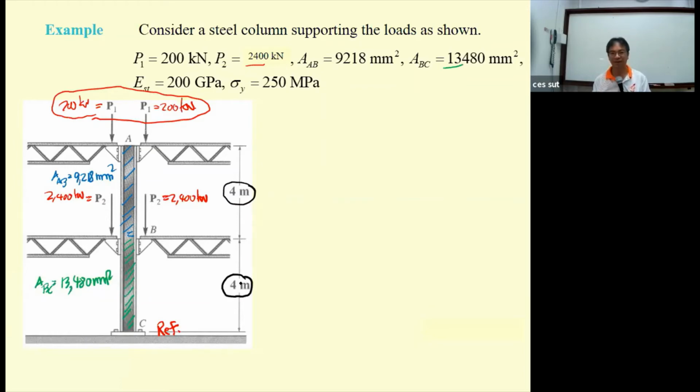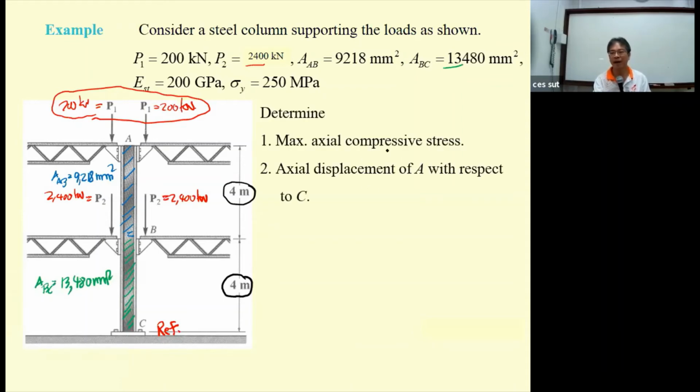They ask us to calculate the maximum axial compressive stress and determine the axial displacement of point A, which is the point on the top. Under the application of this, point A is supposed to shorten, the column like this, and then the difference here is going to be the axial deformation.